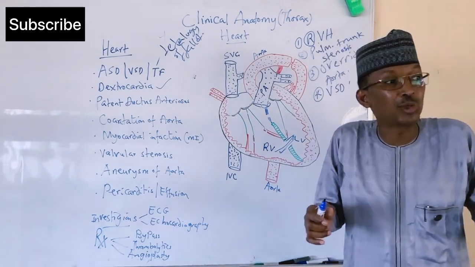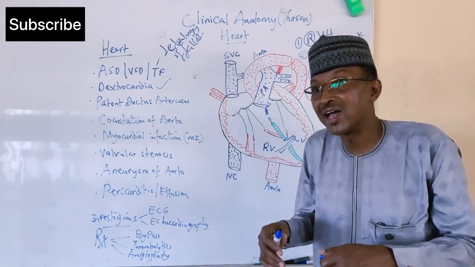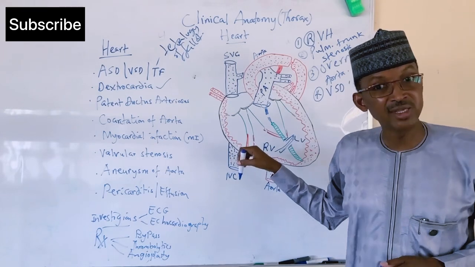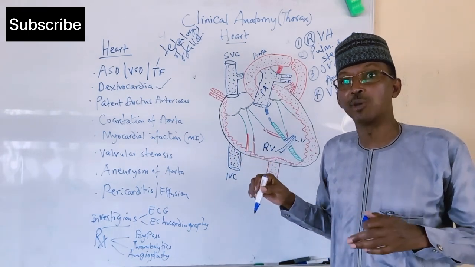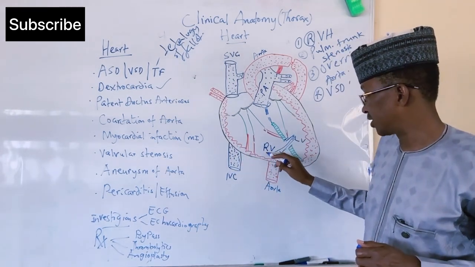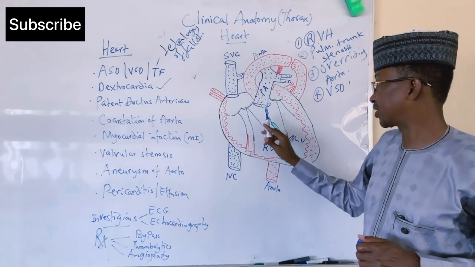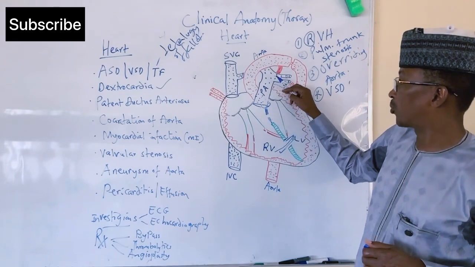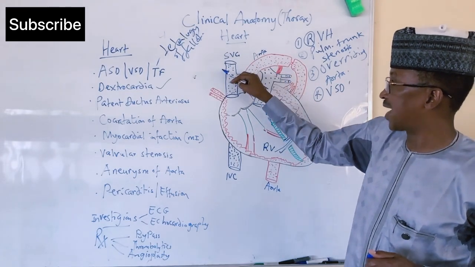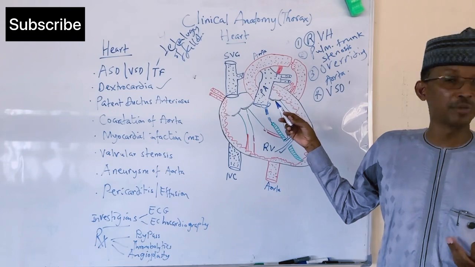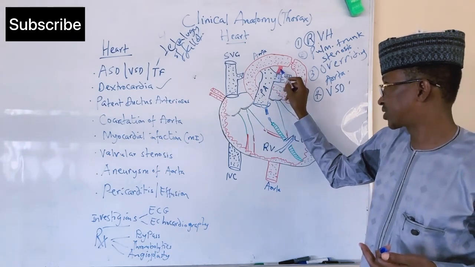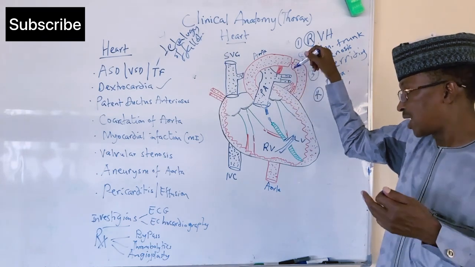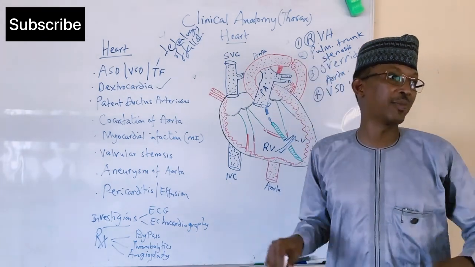So the oxygenated blood that is coming from the mother going into the heart of the developing embryo, since the lungs are not fully developed at that time, as the blood reaches the right ventricle, it passes through the pulmonary trunk, and from the pulmonary trunk, instead of going into the right and the left lung, since the lungs are not developed, the blood passes through this ductus arteriosus, and then it goes into the arch of the aorta, and then it goes into the different branches to the parts of the body.